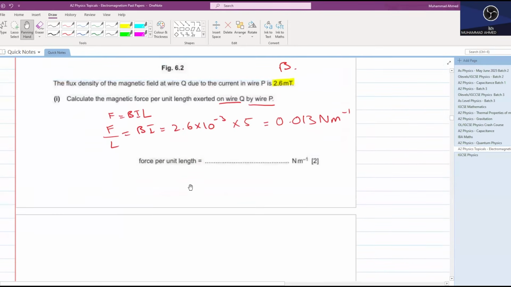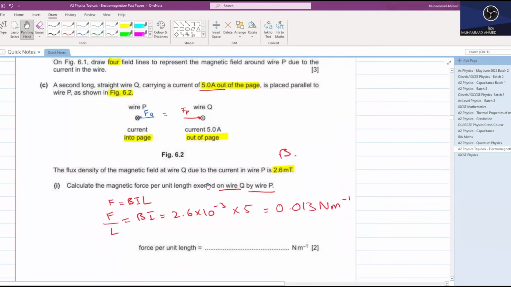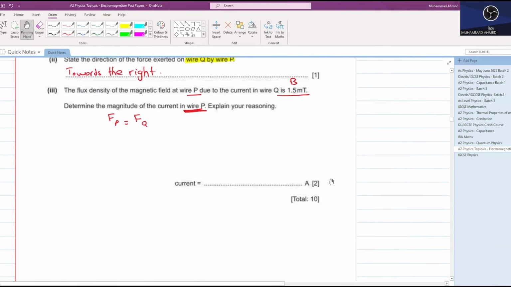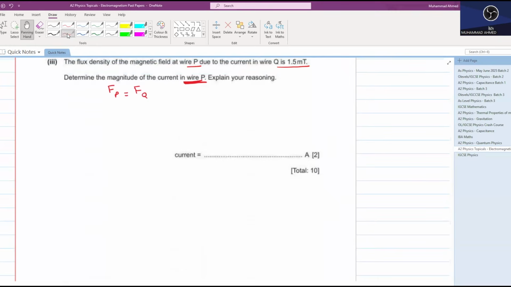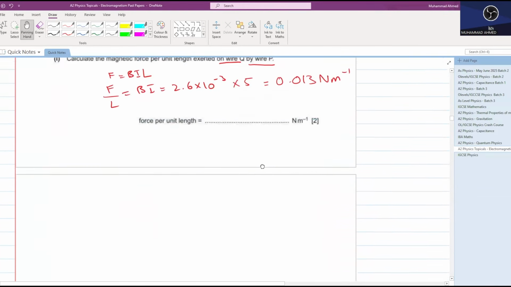Have I calculated the force per unit length for FP? Yes, that is 0.013. So let's first divide the equation by length, because both of them have the equal length. So FP over L is equal to FQ over L. Have I already calculated FP over L?